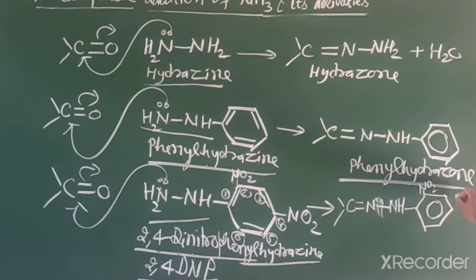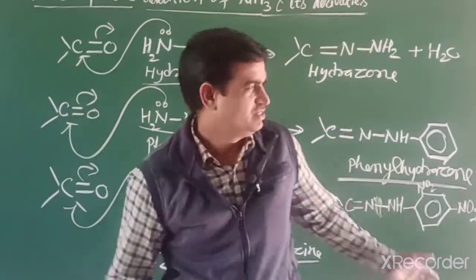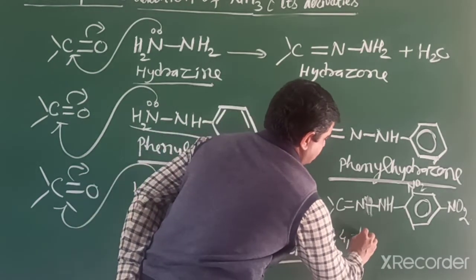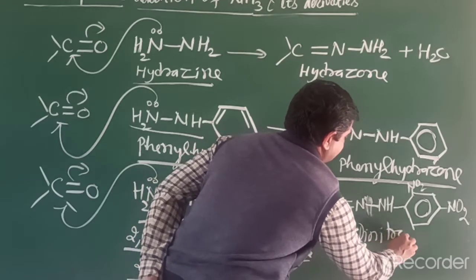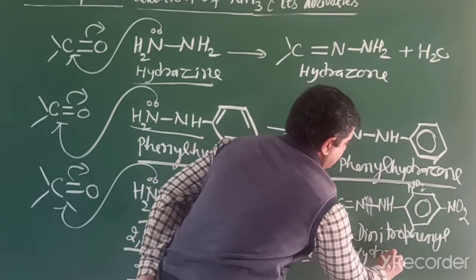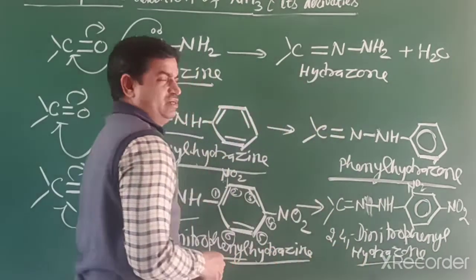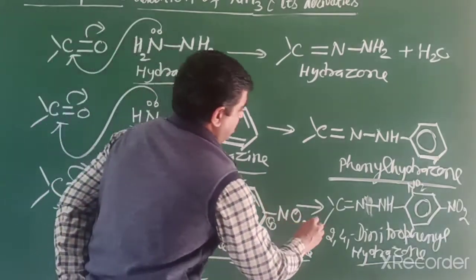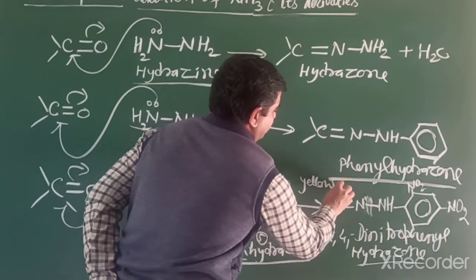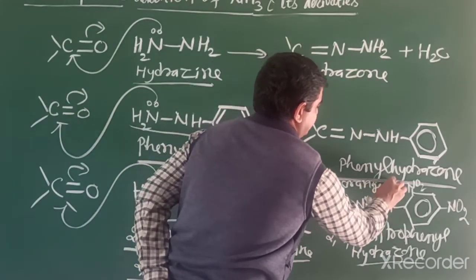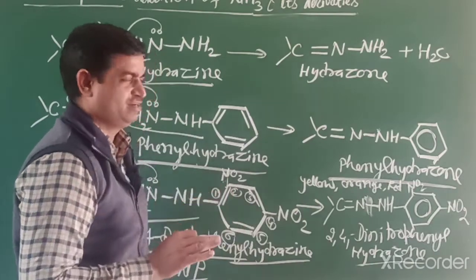Nitro groups on the second and fourth positions. The product name is 2,4-dinitrophenylhydrazone, and it has a characteristic color: a yellow, orange, or red precipitate is formed.